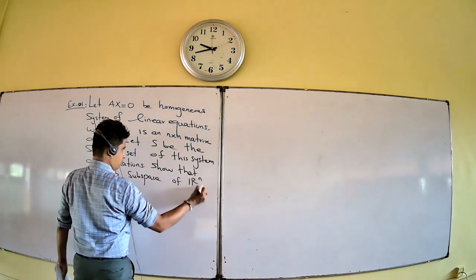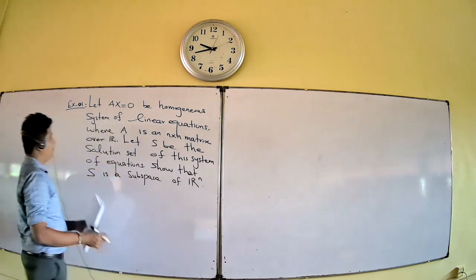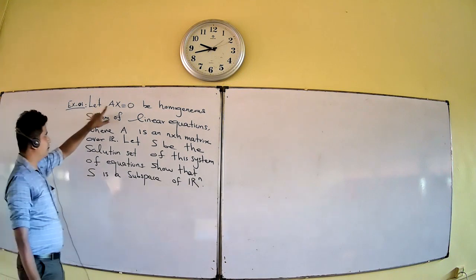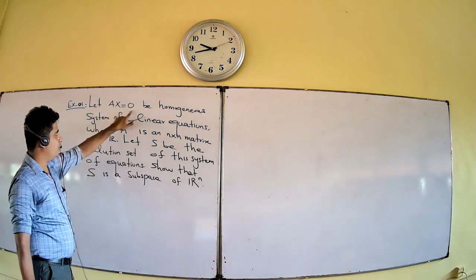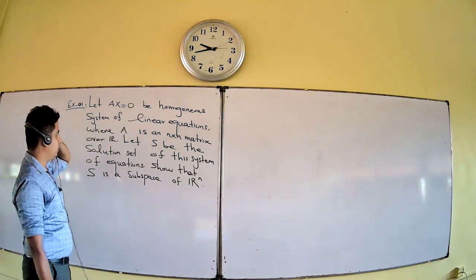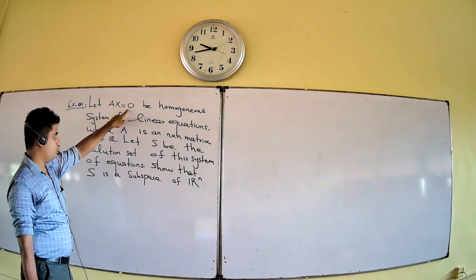Right here, let Ax equal to 0 be the homogeneous system of linear equations. Suppose Ax equal to b, a non-zero vector.